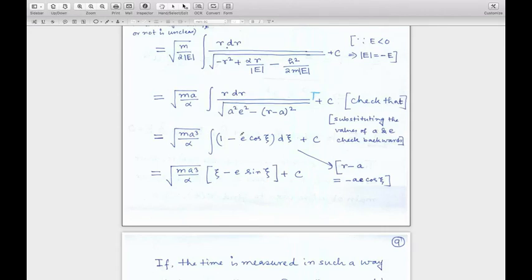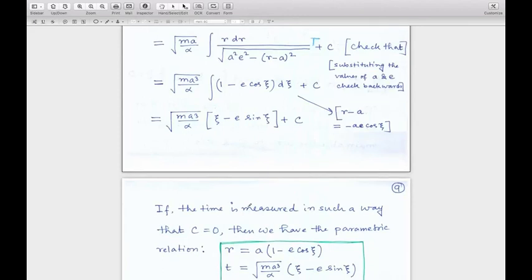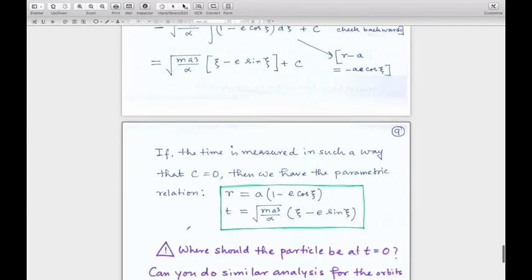If you do that, you will finally see a form which is very easily integrable, and that is nothing but xi minus e sin xi plus the constant of integration. If we say now that the time is measured in such a way that c is made to be 0, then we have the parametric relation between r and t.